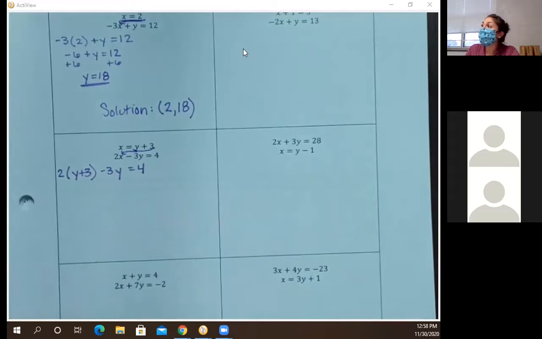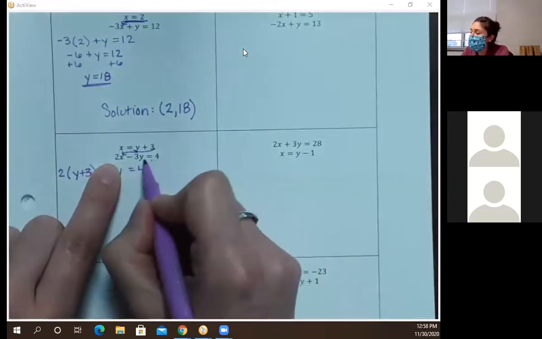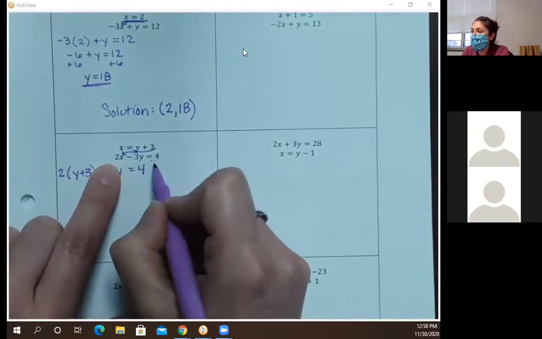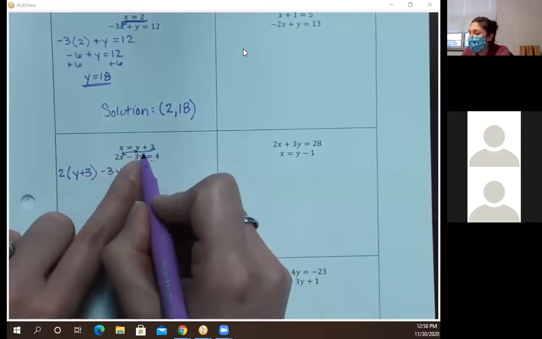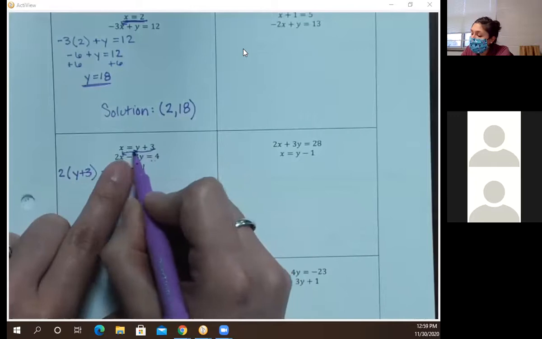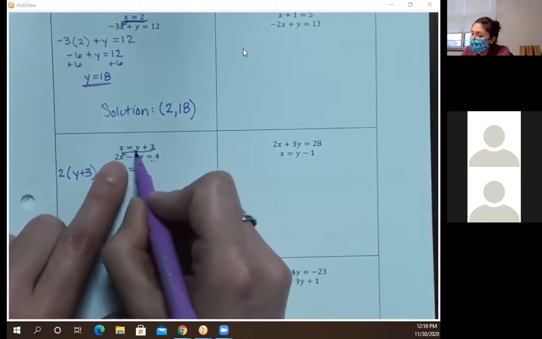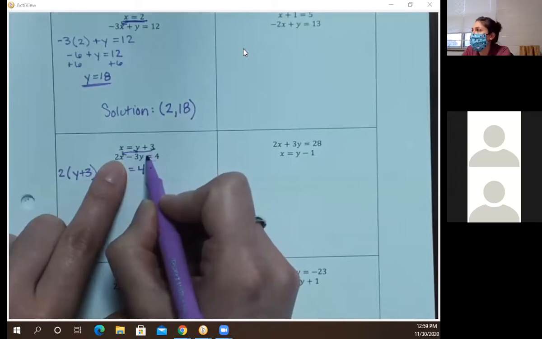Here's the big idea behind substitution. We've had an equation that had two variables. When I've got two variables, I can get one of them by itself, or we could have gotten the y by itself if we moved the 3 to the other side. But the problem is, up here, even when I have x by itself, I still don't know what x is equal to. So I have this y hanging out in here.